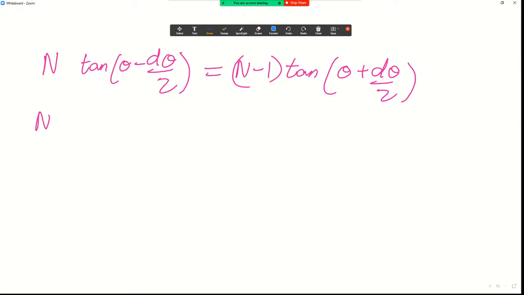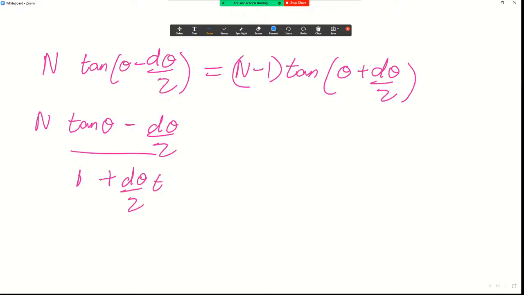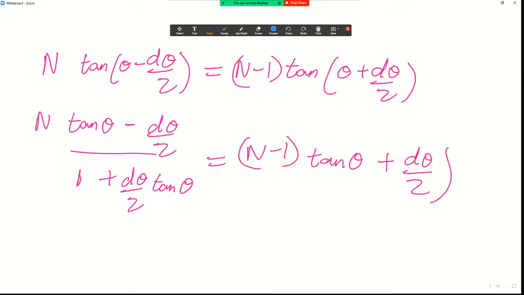So we can expand this, tan theta minus d theta by 2 over 1 plus d theta by 2 tan theta, which is the equal. And I have also approximated this tan to d theta by 2 over minus d theta by 2 tan theta, and we have to cross multiply this.